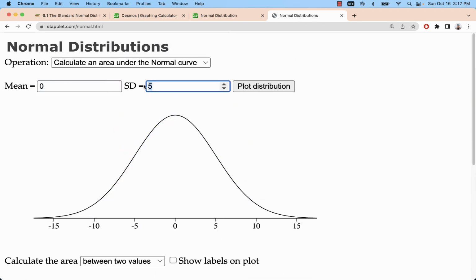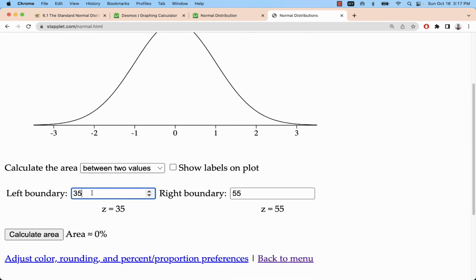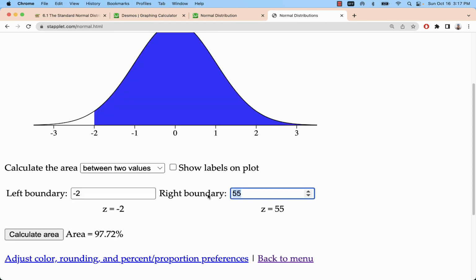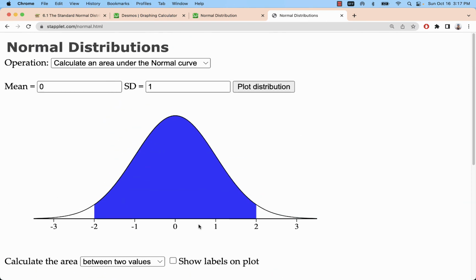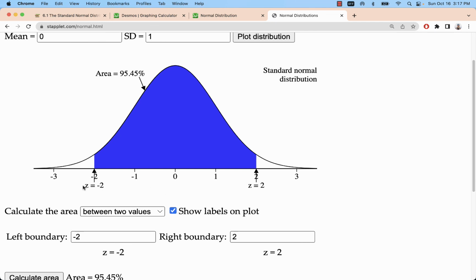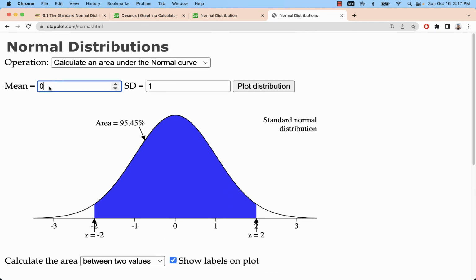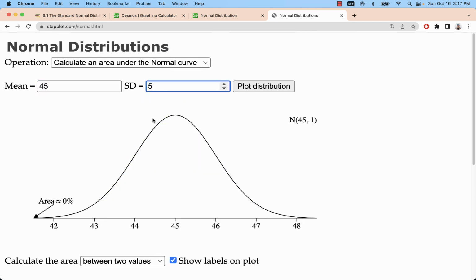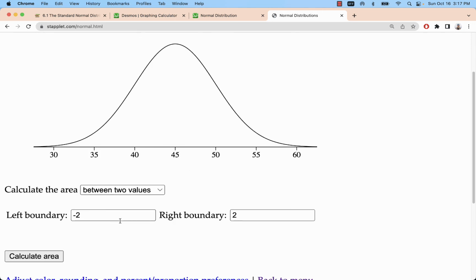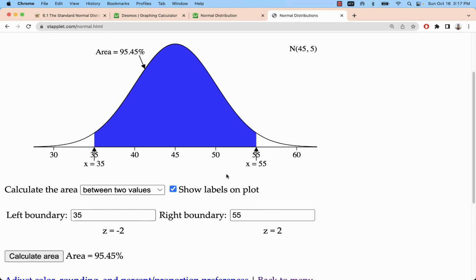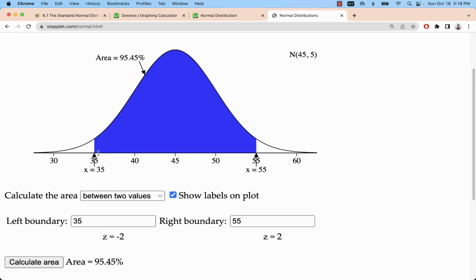Standard normal, 0 and 1, negative 2 to 2 on there. And then you can also show labels, which can be helpful, especially when you're in a contextualized distribution. Here you can see that the labels switched from z to x. It's going to be smart to figure out what variables those are down there.